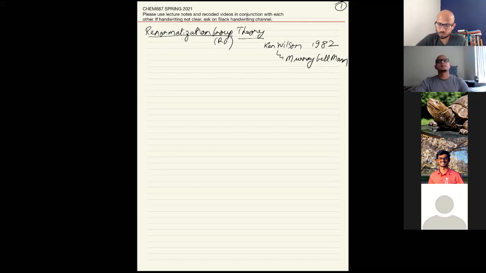So this notion of a quark, which I said is related to the standard model. So Ken Wilson did most of this, and he's the only one who got the Nobel Prize. But Ken Wilson's ideas, if you read his Nobel Prize lecture, were really based on work done by Leo Kadanoff, who was at Chicago, and our own Michael Fisher, who is still here, he's still alive, but he's very old now, who, like I said, used to teach Chem 687 until a few years ago. He's in chemistry and IPST.